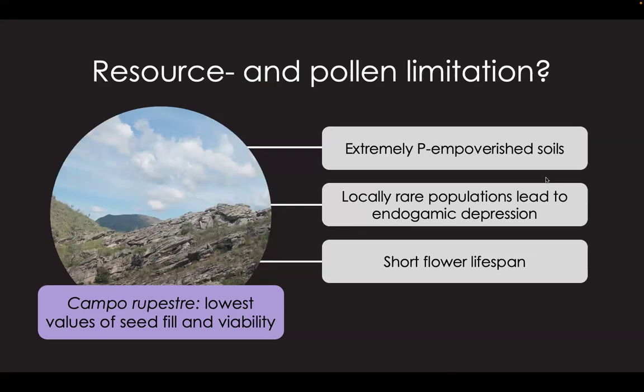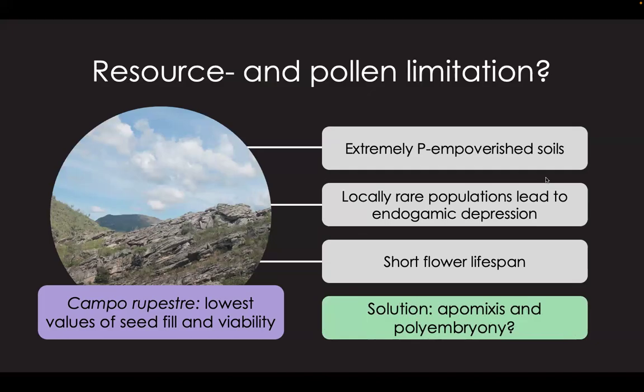And what's interesting in the Campo Rupestre is that we see that many species have tried to find a solution, and we can think of solution in a metaphorical sense, meaning that a lot of species in the Campo Rupestre are known to produce seeds via apomixis. So we find a lot of species, in particular in some genera that have a lot of apomictic species.